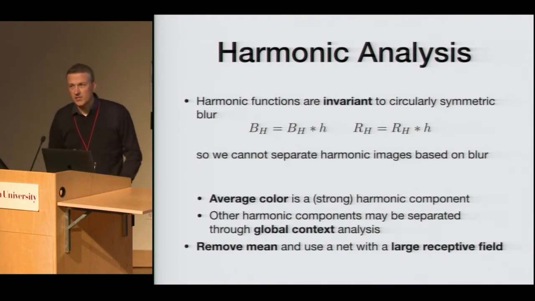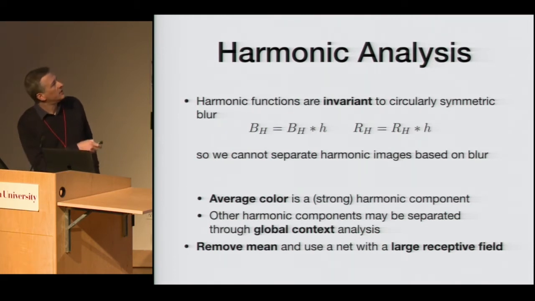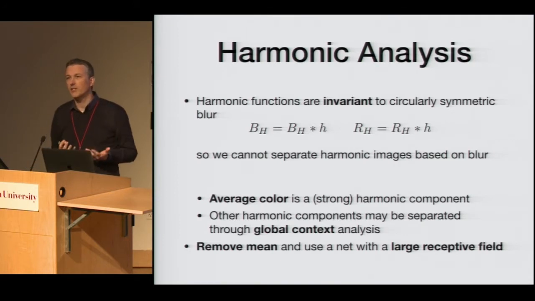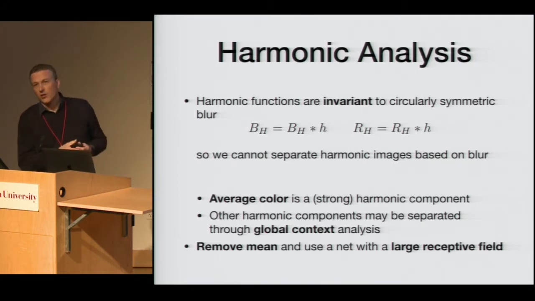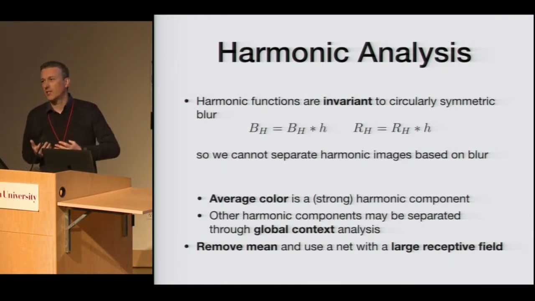Now, the part of the images that has the strongest energy is the average color. So that's a very strong harmonic component. And indeed, you can immediately see that I don't know what amount of the average color should go to the background and what amount should go to the reflection. That's completely impossible to do.